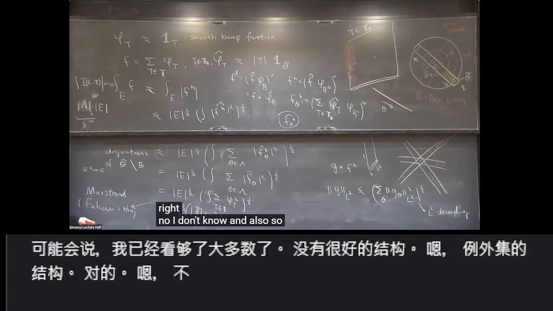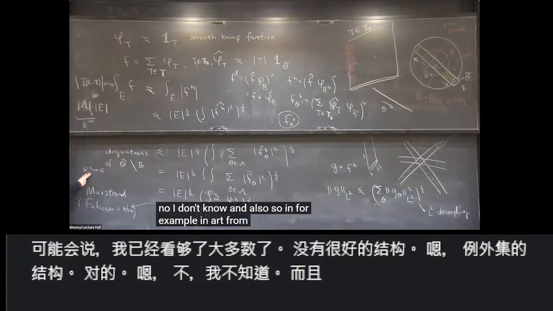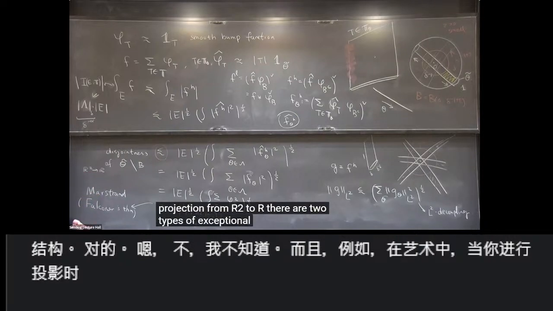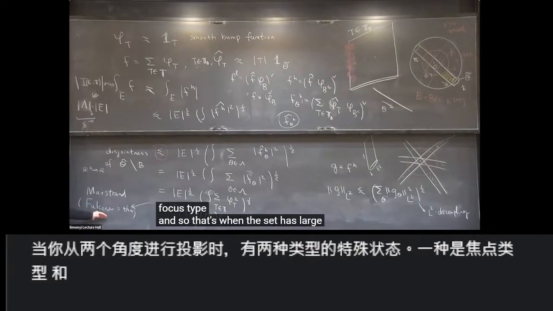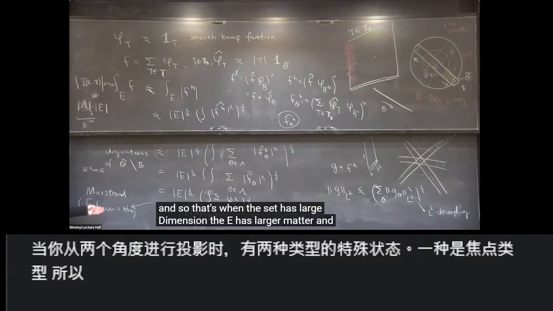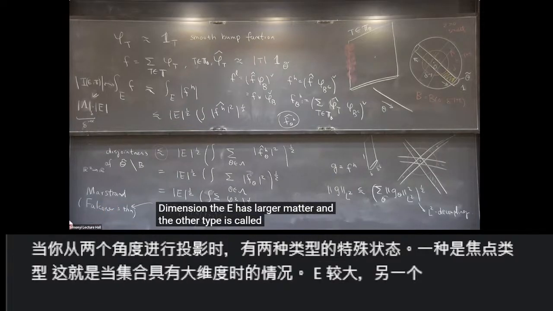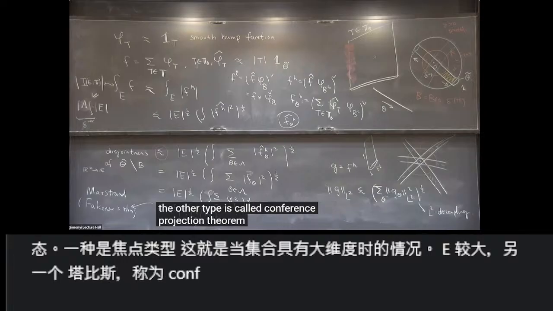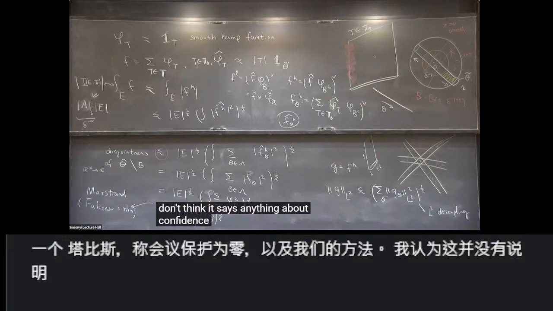Also, when you do the projection from R2 to R, there are two types of exceptional set estimate. One is Falconer's type, when the set E has large dimension. The other type is called Kaufman's projection theorem, and I don't think our methods say anything about Kaufman's projection theorem.